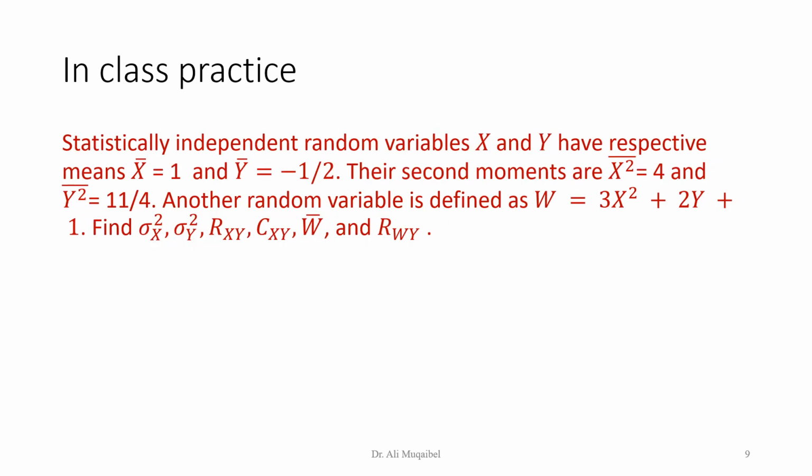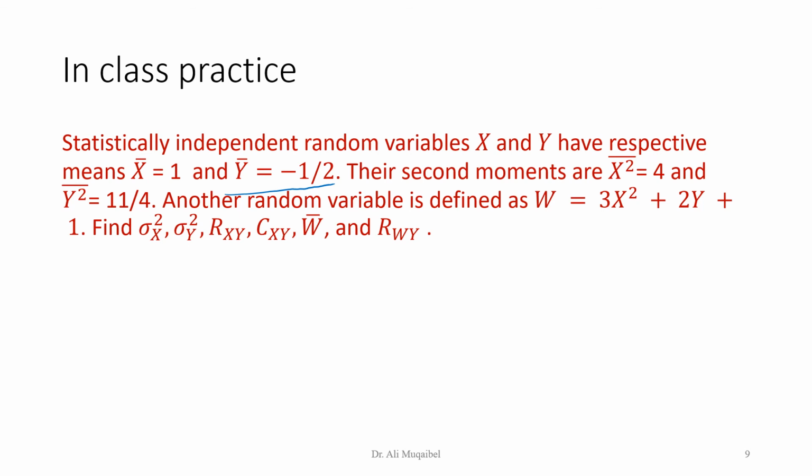Now let's conclude this lesson with a practice example. Please try this and share your answers in the note section. It says here statistically independent random variables x and y have respective means x bar equal to 1 and y bar equal to minus 1/2.